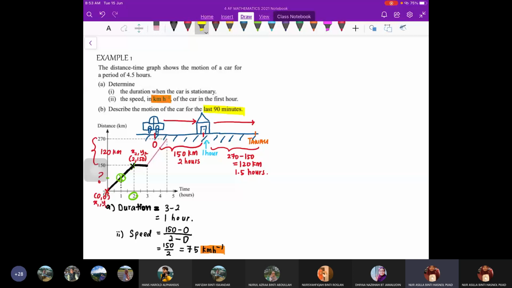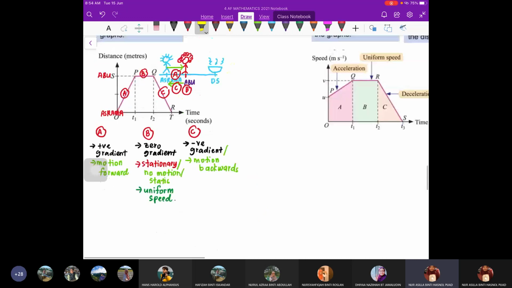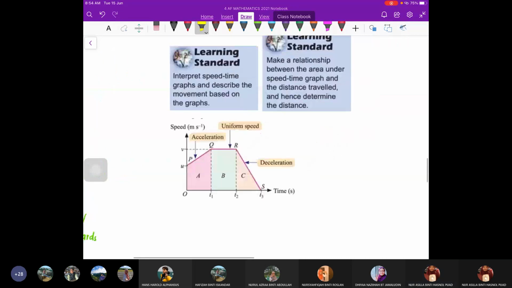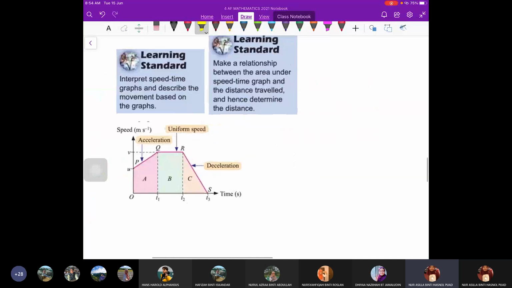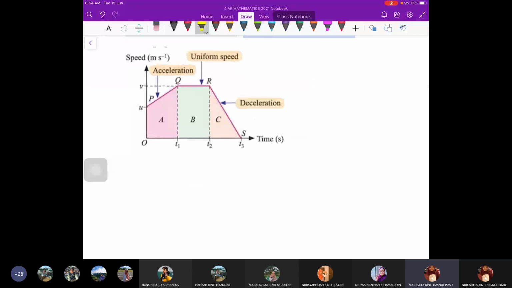Okay, any questions? Okay, no. So kita pergi kepada speed time graph. Okay, so speed time graph dia pun ada keadaan yang sama, lebih kurang sama dengan distance time graph, but it gives you a different things lah.